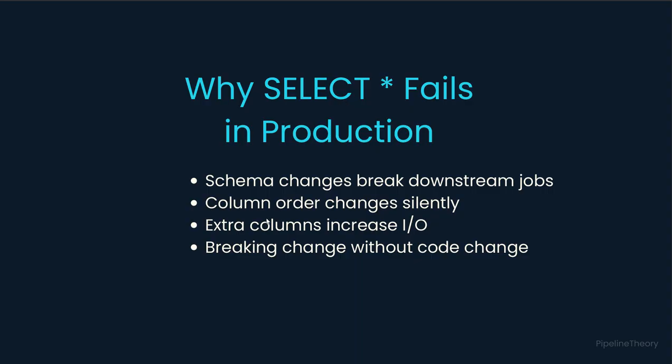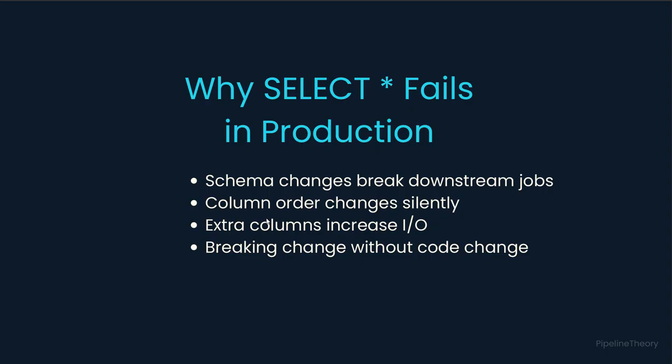So the column order can also be slightly changed. In your upstream system, let's say they have an insert query to load the data, and they were doing it earlier in a different format, and now they are doing the insert through another system, and the column order got changed in your upstream system.